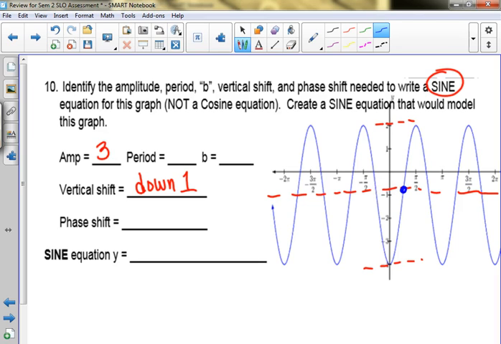I'm going to start here, I think. Will that work as a sine graph? What would that be? Right pi over 4. And it finishes where?